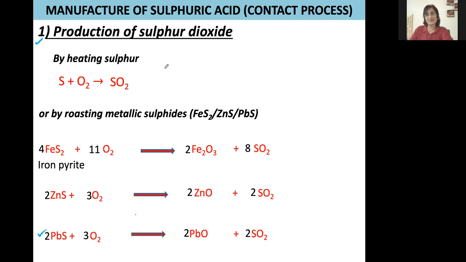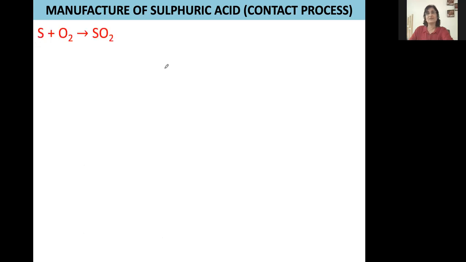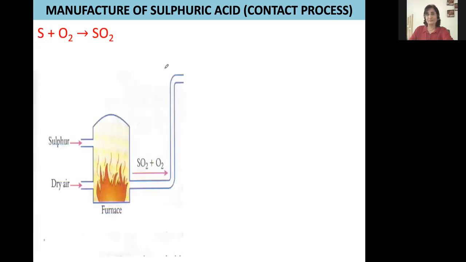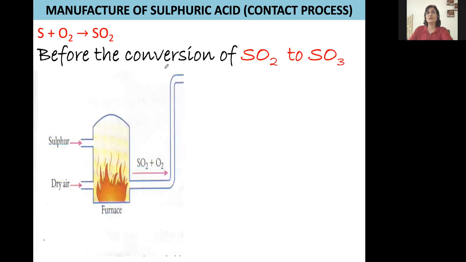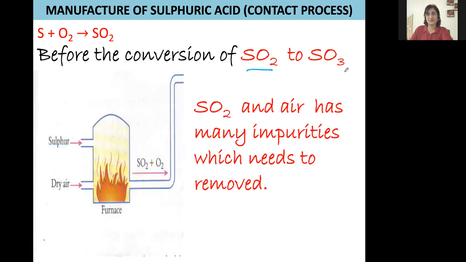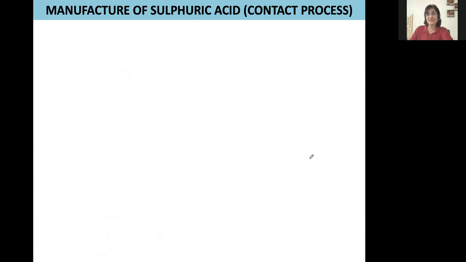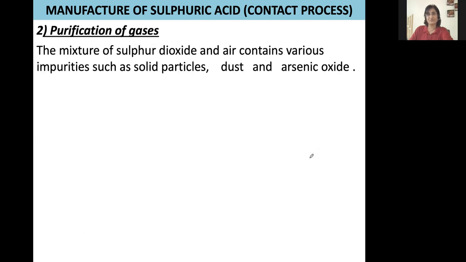Now, what's next? Sulfur dioxide, when it is prepared in this furnace, there are a lot of impurities. So before the conversion of SO2 to SO3, we have to remove these impurities. So first, let's understand what are the impurities.